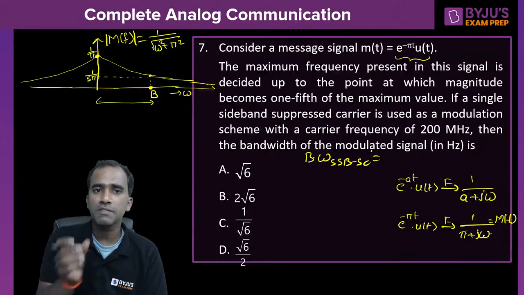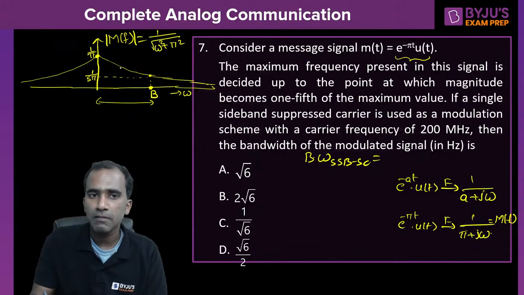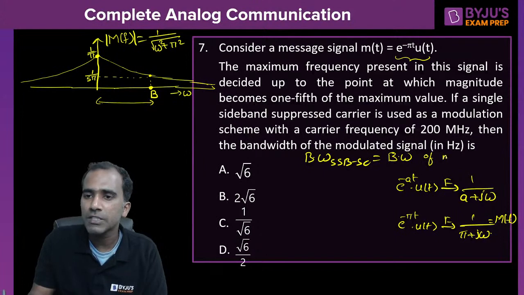In SSBSC modulation, we send only one sideband, which means only this part will be sent. The bandwidth of this part is B. So after SSBSC modulation, it is the same as the message bandwidth, the bandwidth of the original message which we are using for modulation.